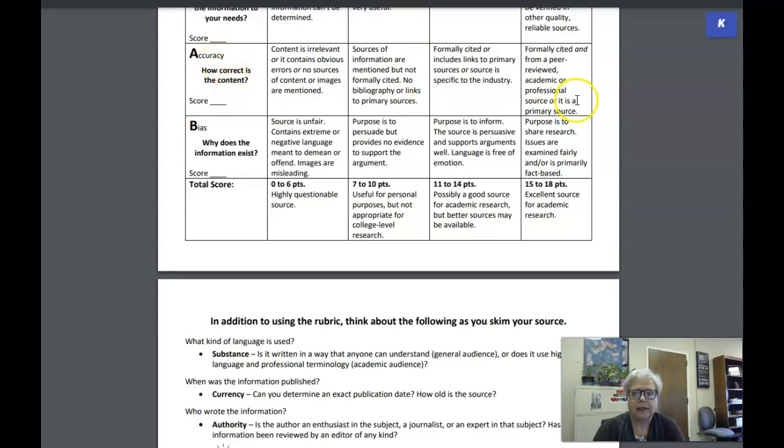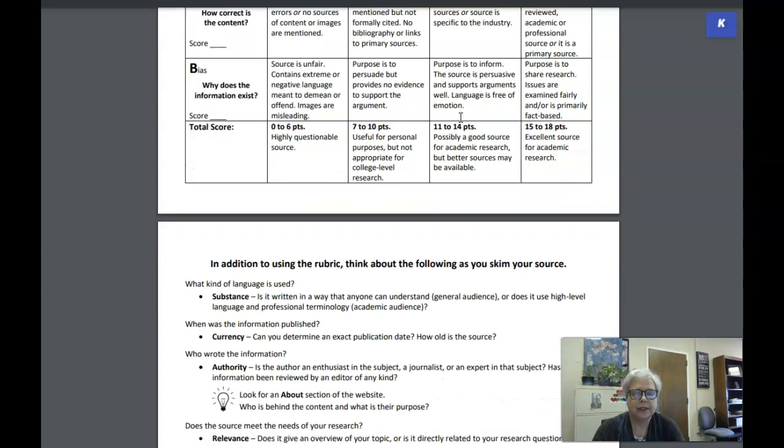Accuracy, how correct is the content? Does it seem like it's very accurate? Does it have links to the sources or a list of sources they got the information from? And bias. Why does the information exist? If it's extremely one-sided, unfair, negative language, something that is meant to demean people, images that are misleading, that is not a good source for a college paper.